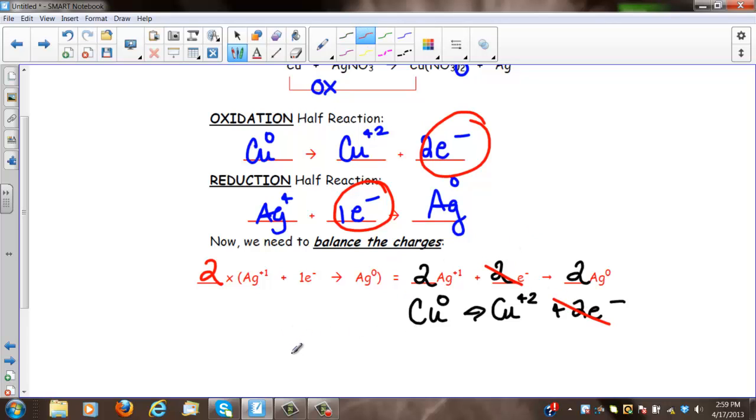And my final reaction would be 2 Ag plus plus Cu0 yields Cu plus 2 plus 2 Ag0. And it doesn't matter what order you write these in. You can have the Cu first and then the Ag and the same on the right side of the equation, as long as what's on the left appears on the left and what's on the right appears on the right.